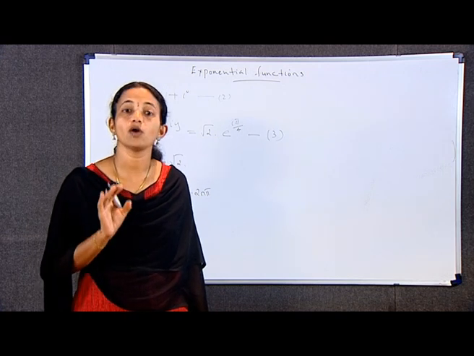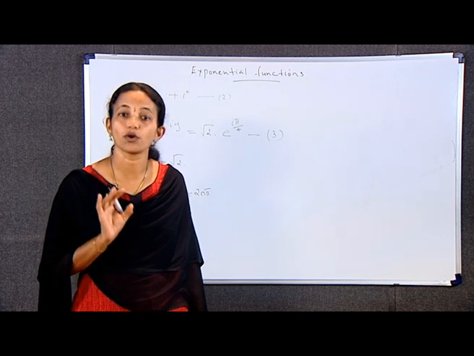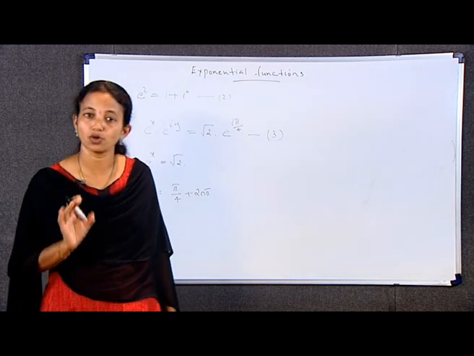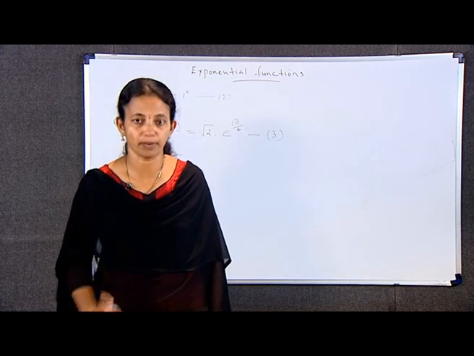Because we have ln e raised to x is equal to x, it follows that x is equal to ln root 2, which is equal to 1 by 2 ln 2, and y is equal to 2n plus 1 by 4 pi.